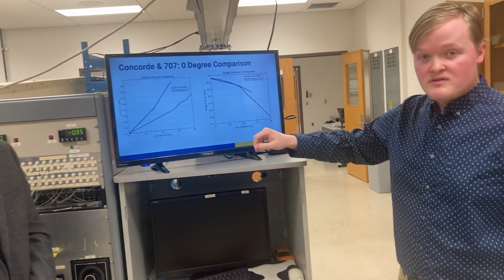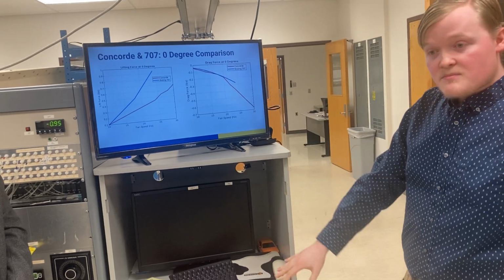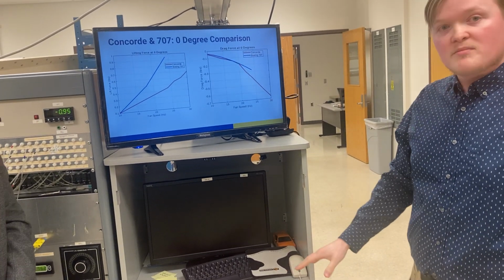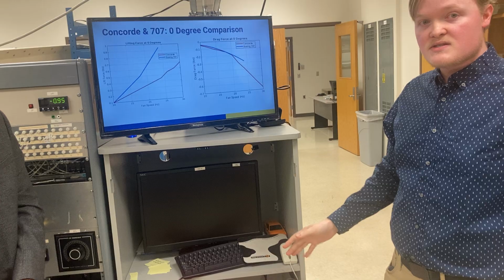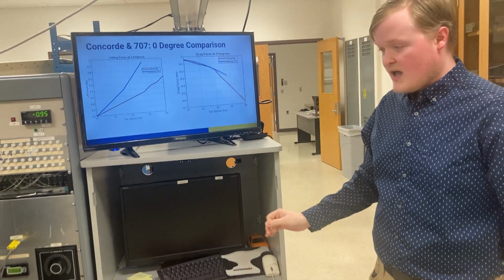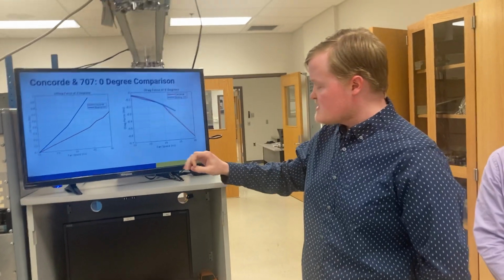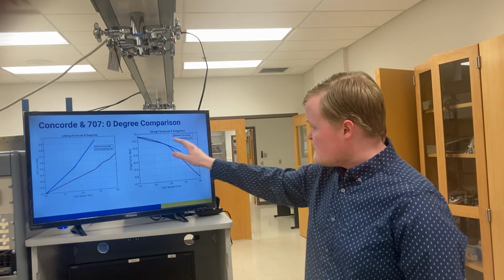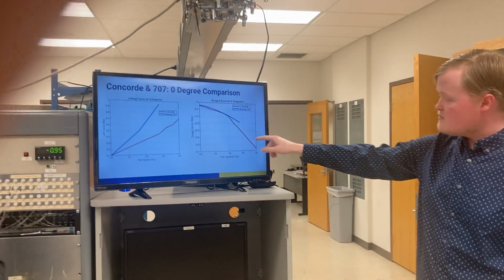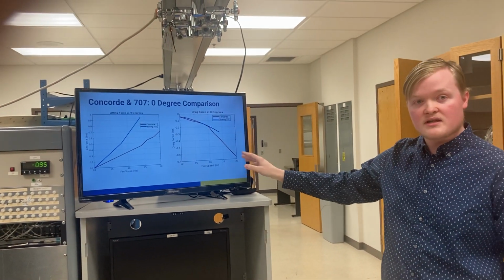This is direct evidence to conclude that a subsonic wing is more beneficial at slower speeds than a supersonic wing. You see a massive increase in lift. While looking at drag, it's about the same, but the Concorde does drop off slightly higher.